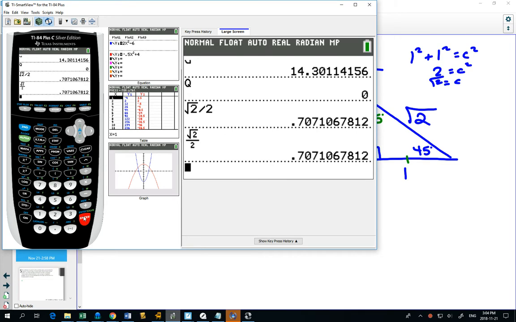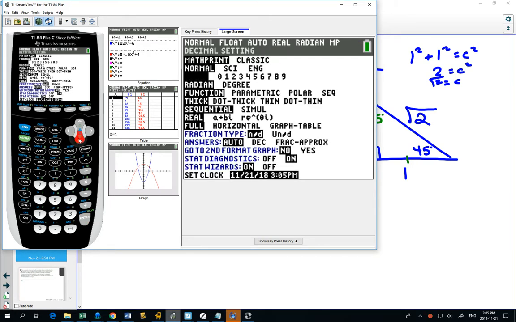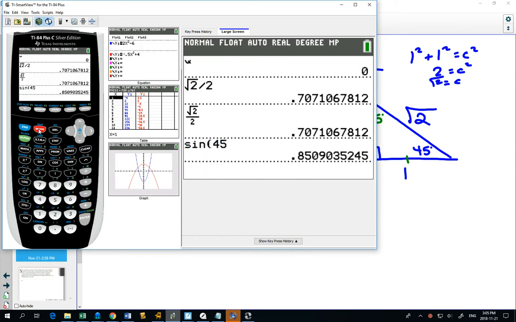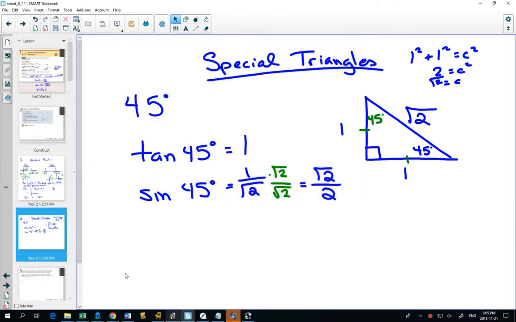You get 0.707. If you type in sine of 45, I've got to make sure that my calculator is in degrees. If you type in sine of 45 degrees, you get exactly the same answer. Crazy. So because we could draw this triangle, we can figure out sine of 45 degrees without our calculator.